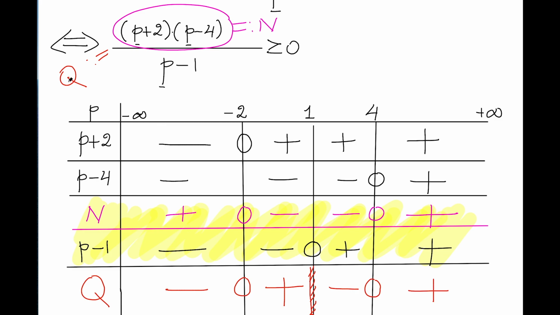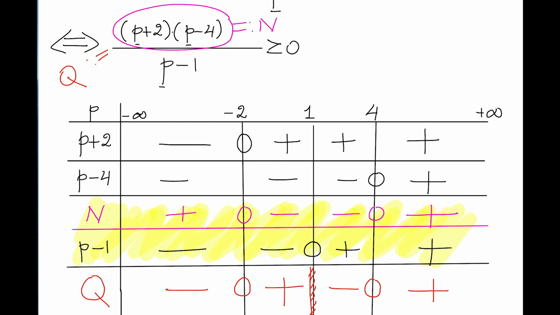And now the question is, when is q 0 or more? So now we have all the information on q. This last row is what we need. At this point, we can ignore all the table, and the only thing we need is the last row, which is the information on q. I want to know when q is 0 or more, so when q is 0 or when q is positive.